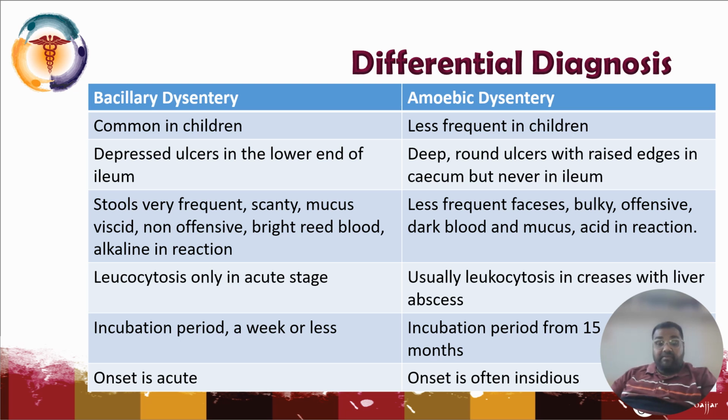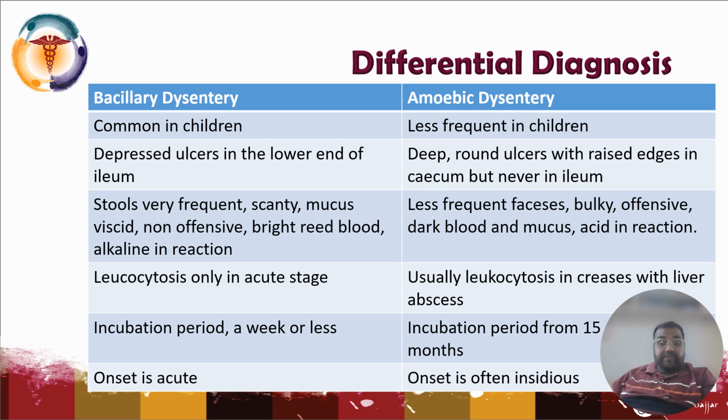Bacillary dysentery has an incubation period of a week or less. Amoebic dysentery has an incubation period from 15 days to a few months. Bacillary dysentery onset is acute. In amoebic dysentery, the onset is often insidious.